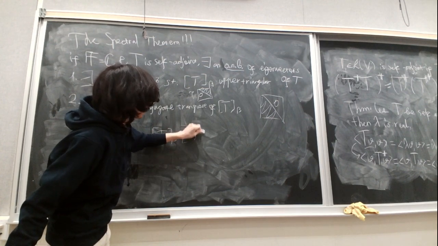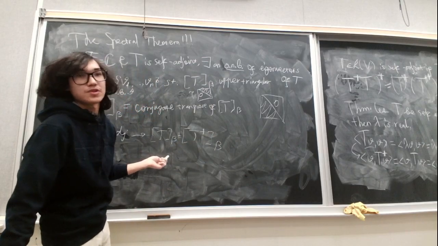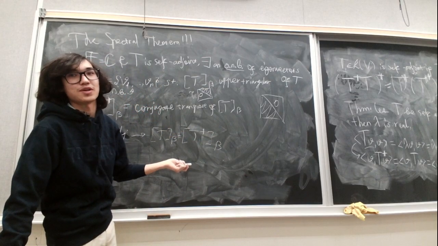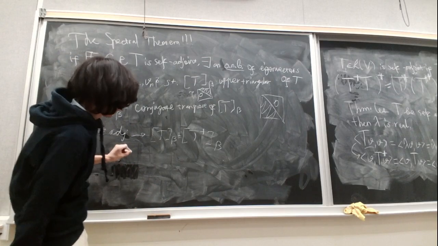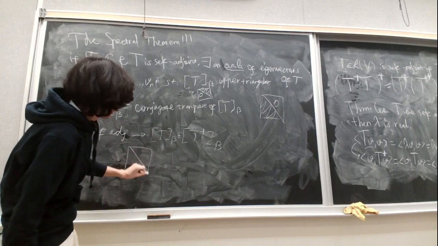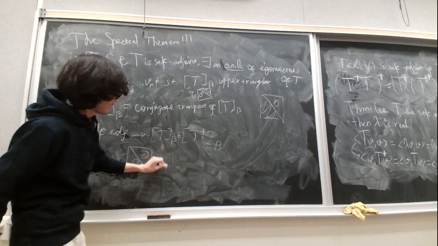And what does that mean? It means that this matrix is both upper triangular and lower triangular, and so all the off-diagonal entries must be 0.